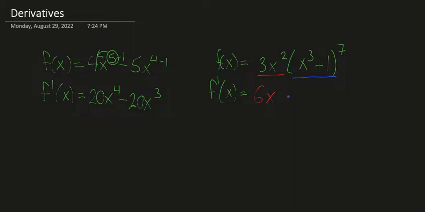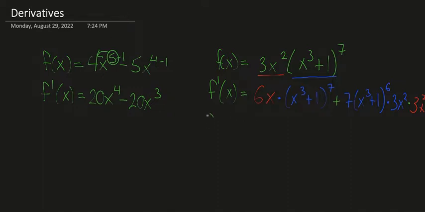Then we're going to write the second term just as it is, plus the derivative of the second term, which will be 7 times (x cubed plus 1) to the power of 6 times 3x squared, and then times the first left alone. So times 3x squared.